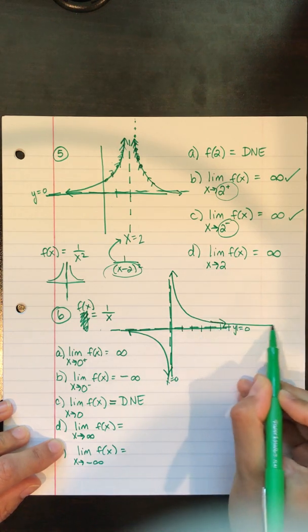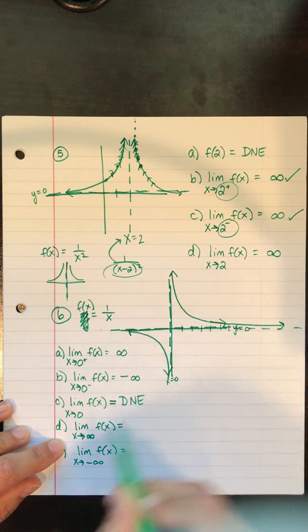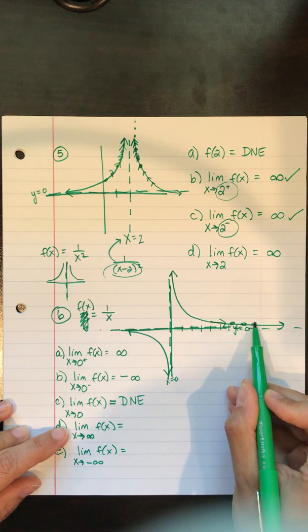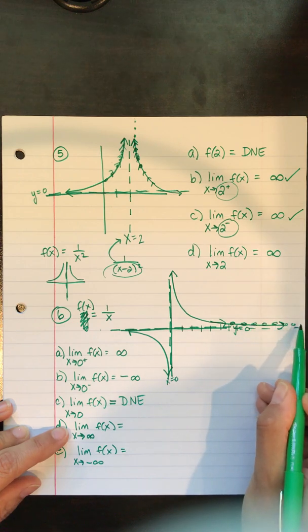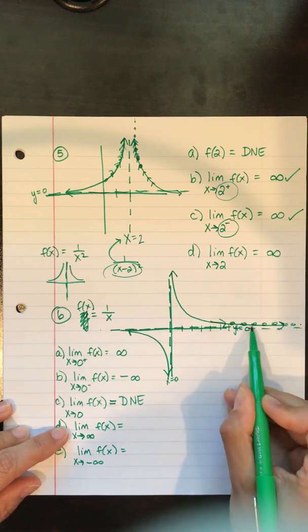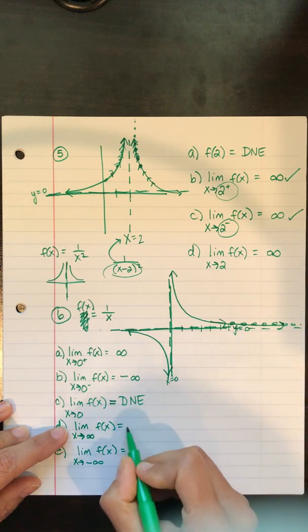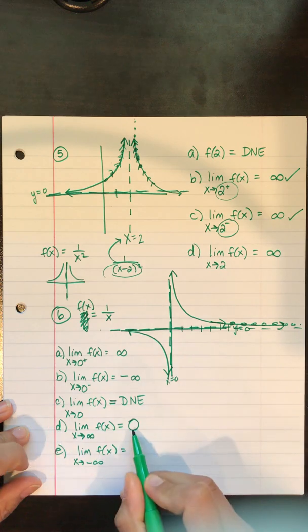Remember, a limit is a y value. So what y value do these points have as x gets larger and larger? They're getting closer and closer to the x-axis, which means y is approaching 0.